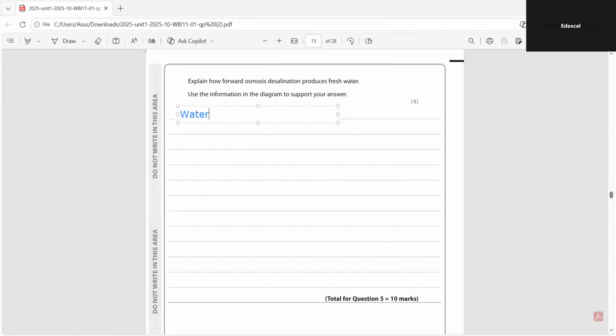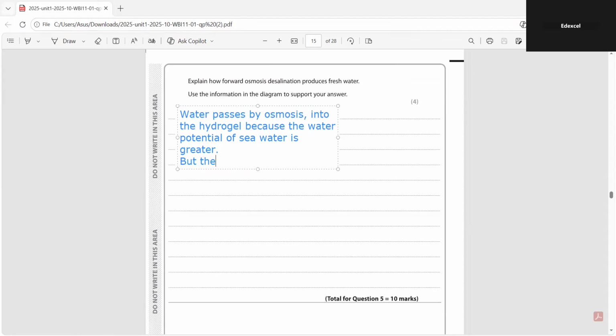So write like this: water passes by osmosis. You know what osmosis is, right? From a higher concentration to a lower concentration, water will pass. So into the hydrogel because the water potential of seawater is greater. But what will happen to the sodium chloride ions?